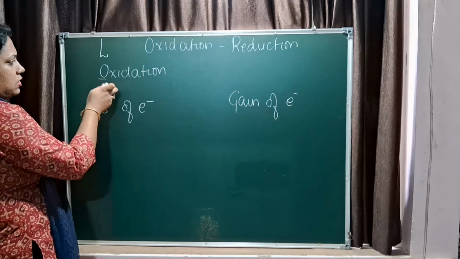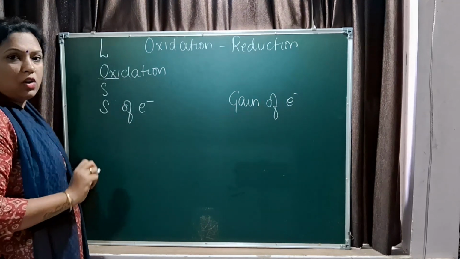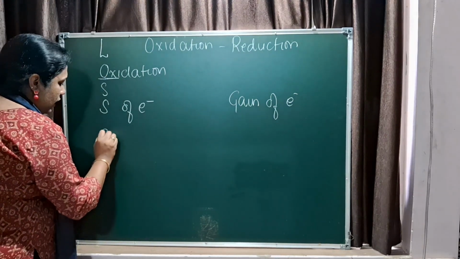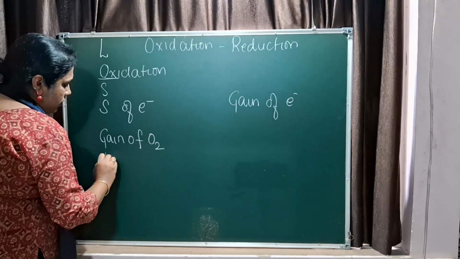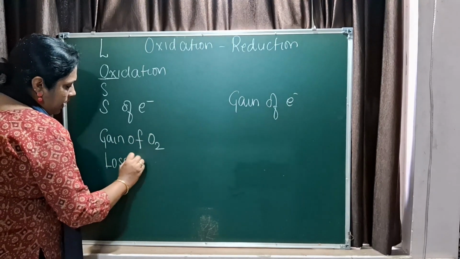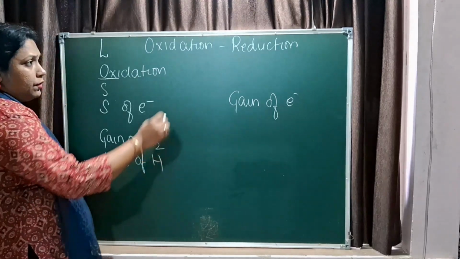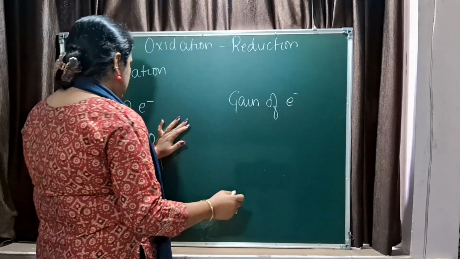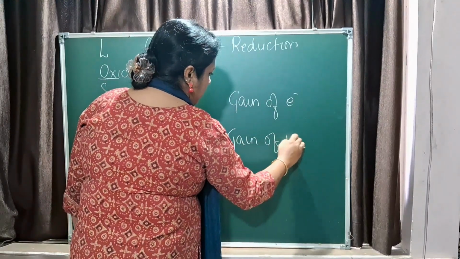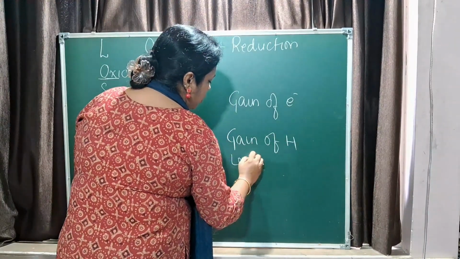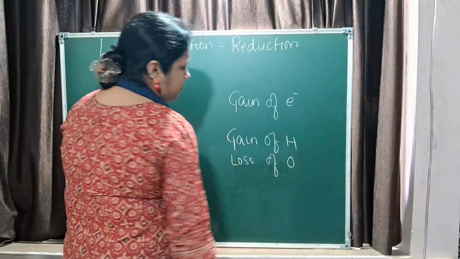Oxidation, the name is giving you an element called oxygen. So gain of oxygen and loss of hydrogen. When you talk about reduction, it is gain of hydrogen and loss of oxygen.